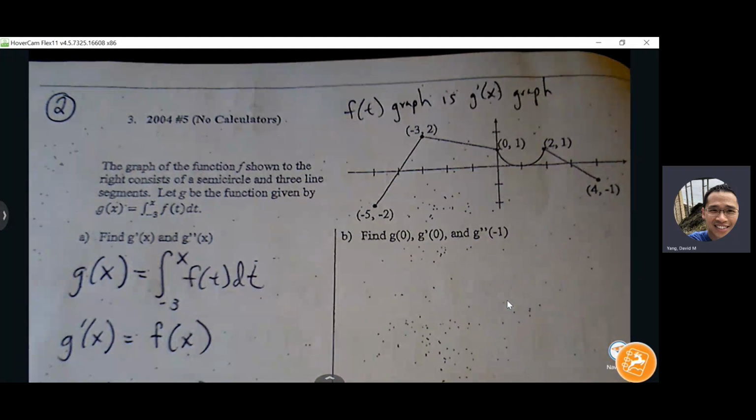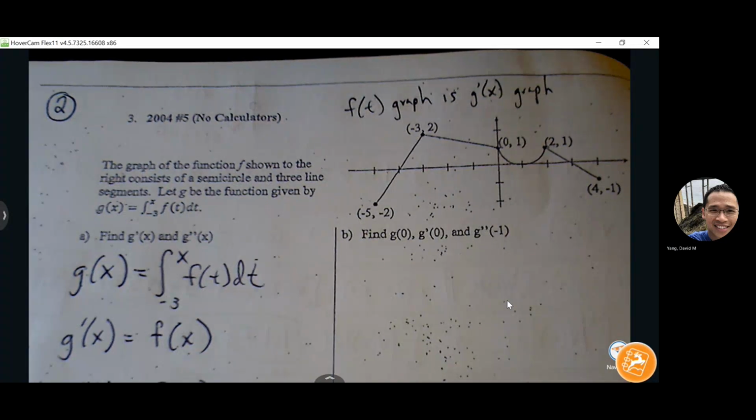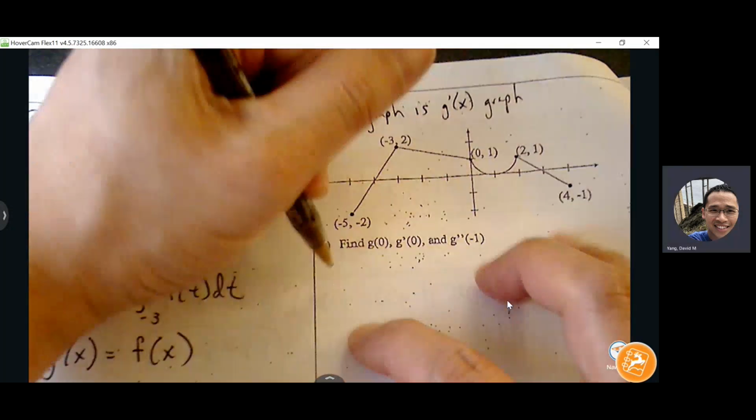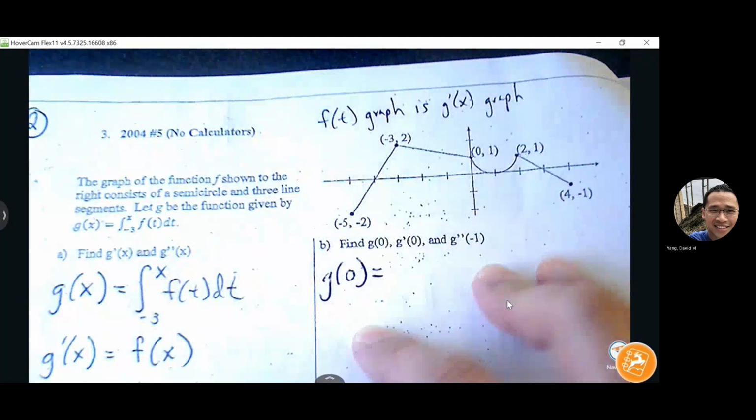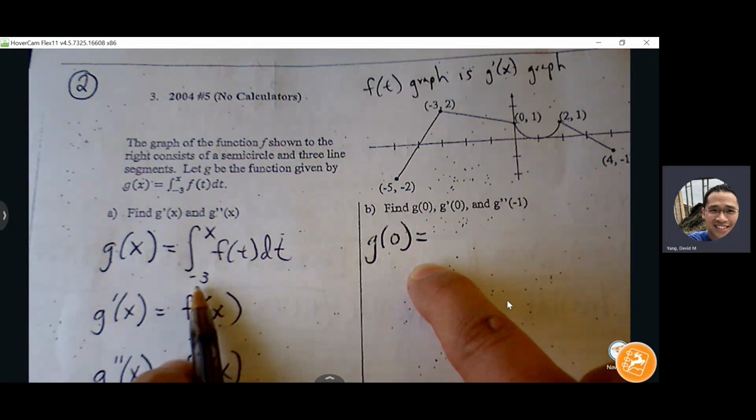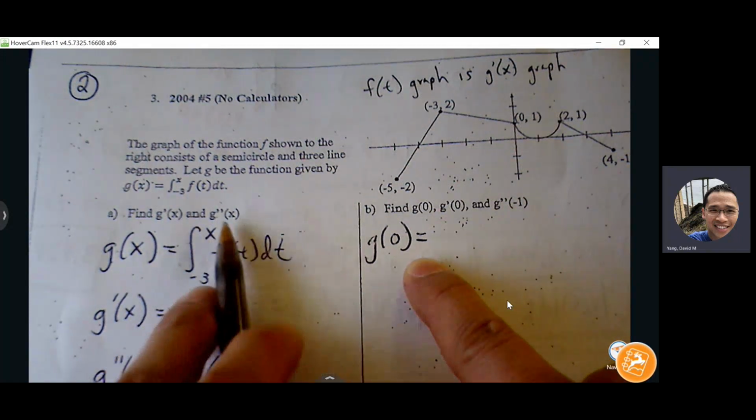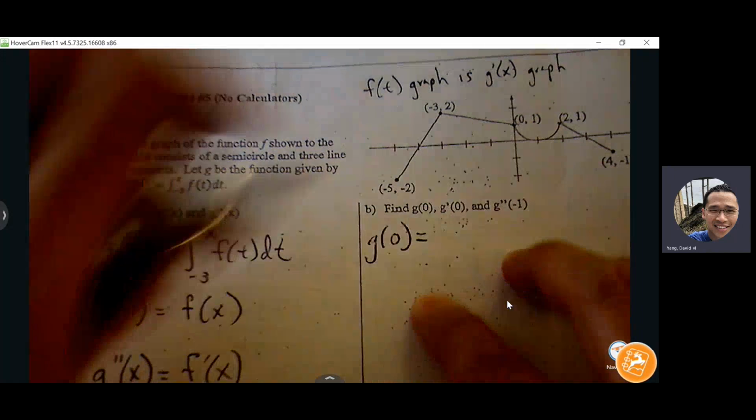So g of 0: we follow whatever the rule says from -3 to x, so I'll replace my upper bound with 0 because that's where the x is.